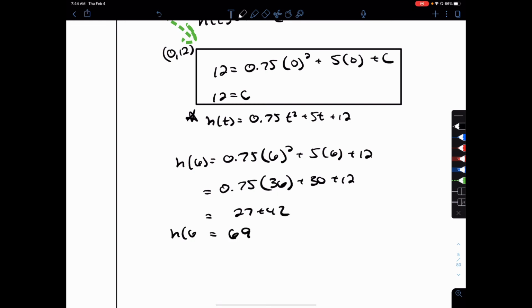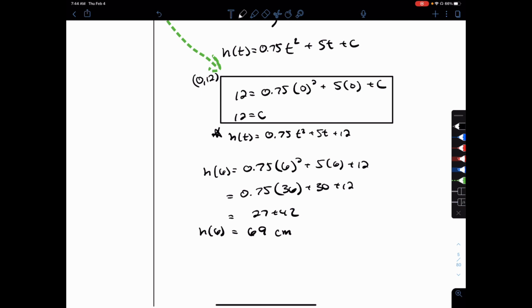So the height after 6 years is 69 what units? Height was measured in centimeters, 69 centimeters. On the AP test, you could stop right here and say this many centimeters. If you did that, you'd put this in parentheses because all of those are centimeters.